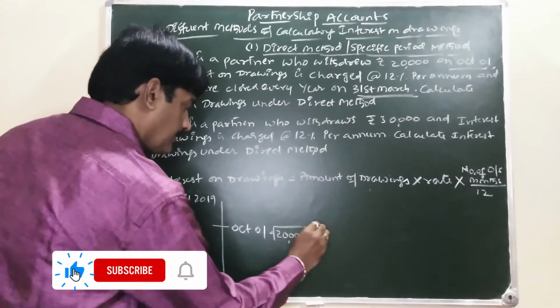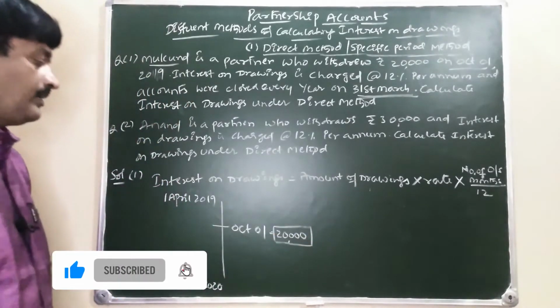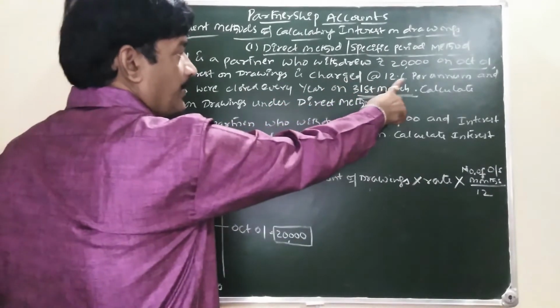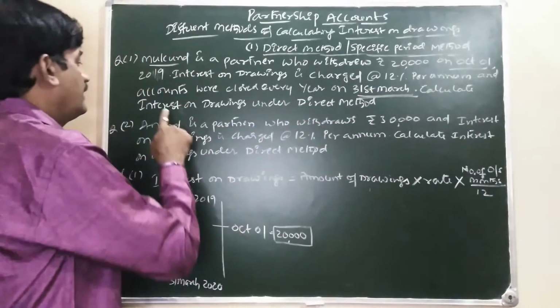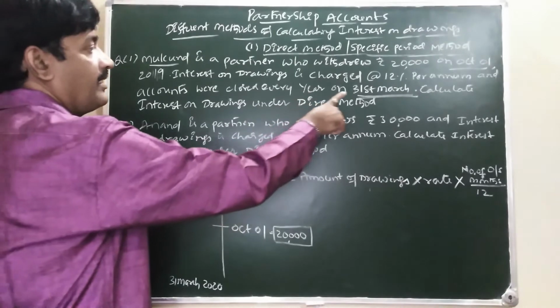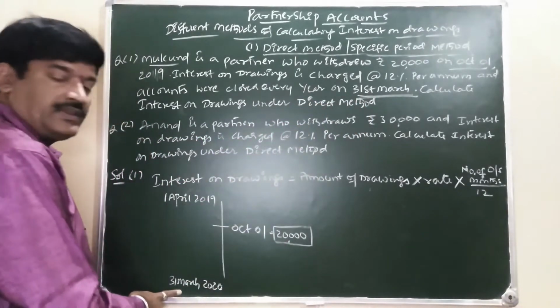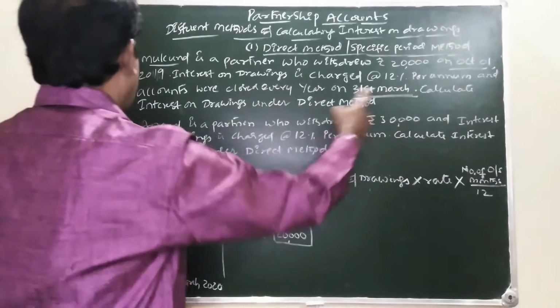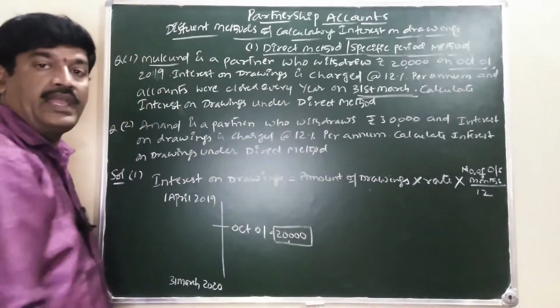Interest on drawing is charged at the rate of 12% per annum and accounts are closed every year on 31st March. Calculate interest on drawings under direct method.